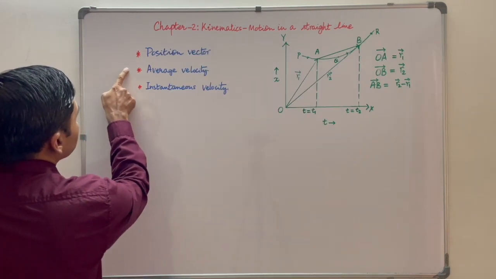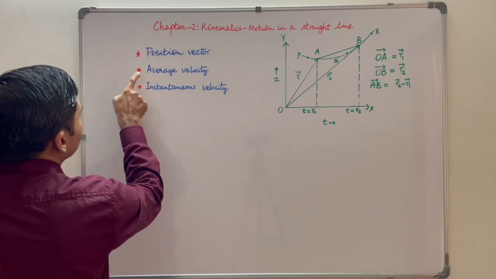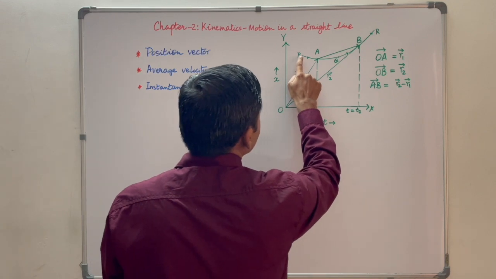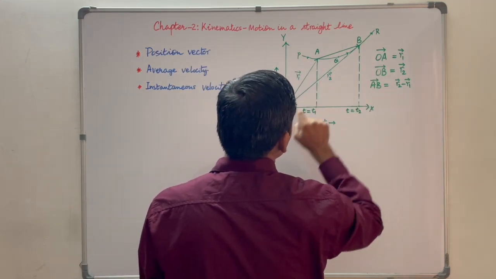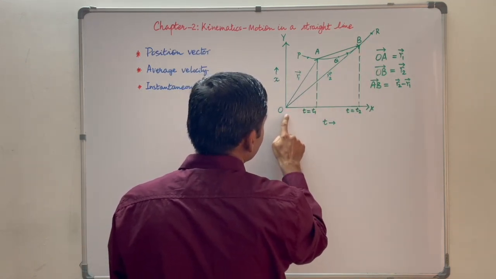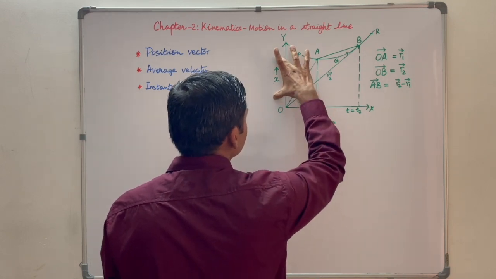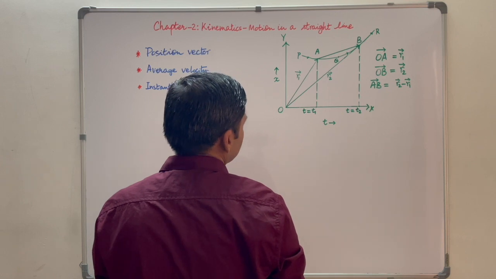Now let us understand these terms: position vector, average velocity and instantaneous velocity. Consider a particle is moving along this curve PQR. This is the reference frame. Time taken is shown on the x-axis and position of the particle is shown on the y-axis.